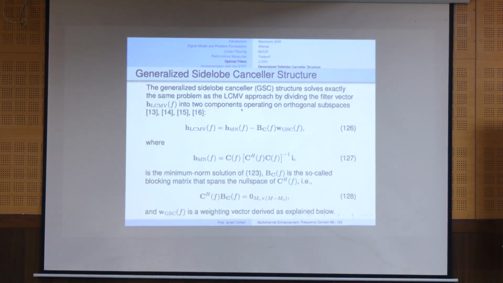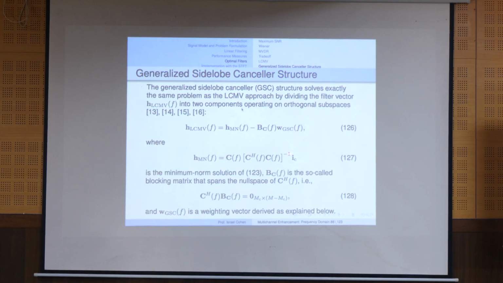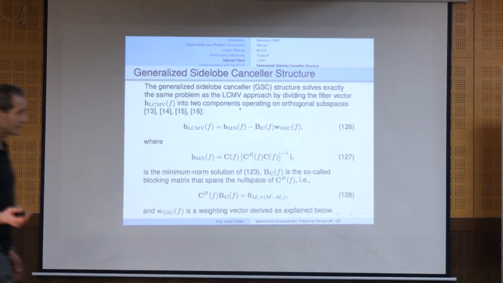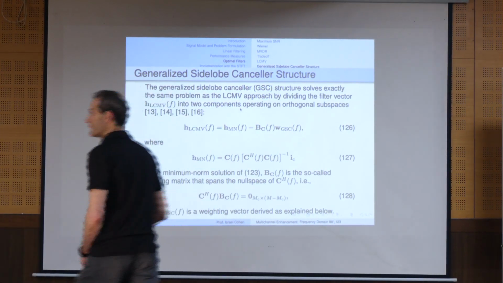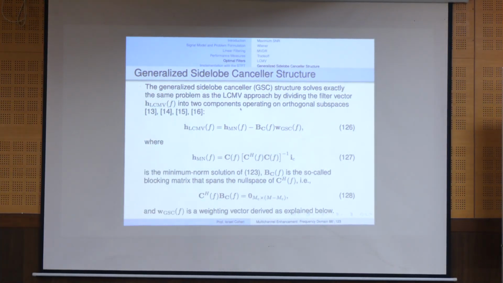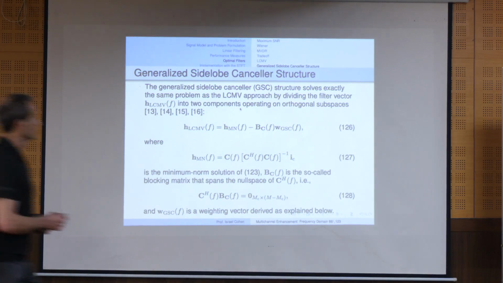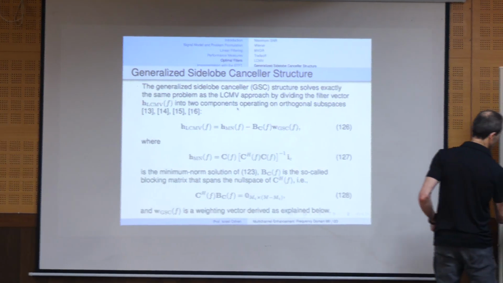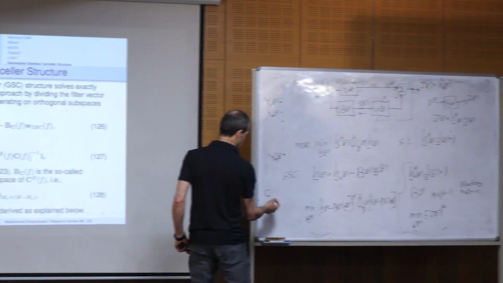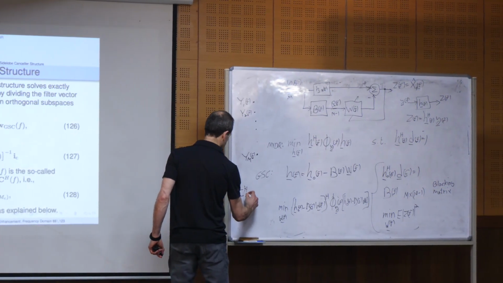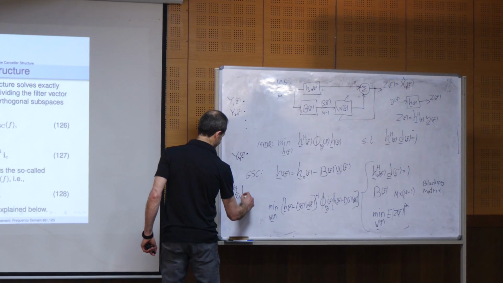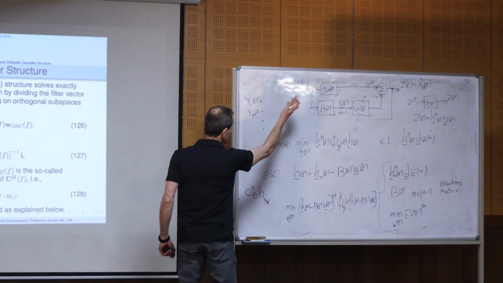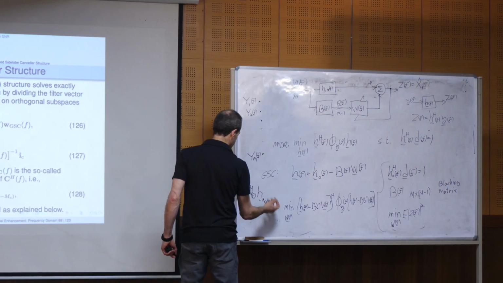Okay. So the minimum solution, we just need to satisfy the constraint. So for the LCMV, what is the constraint? The constraint looks like C, the matrix of constraint, times H minimum norm, or H0 that we called it here. It doesn't really matter.